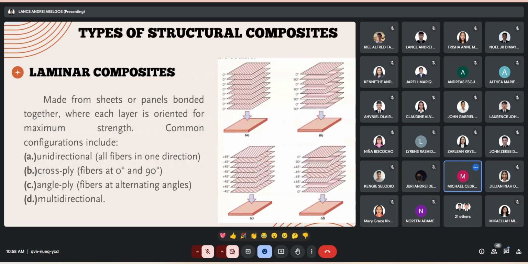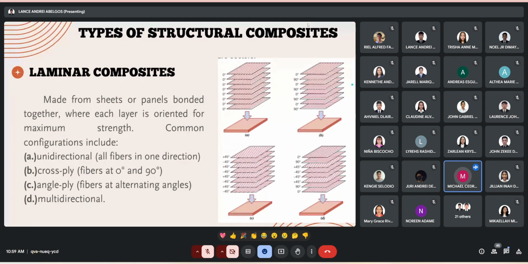Next po. Laminar composites are made from sheets or panels bonded together where each layer is oriented for maximum strength. Common configurations include unidirectional, where all of its fibers are facing in one direction.